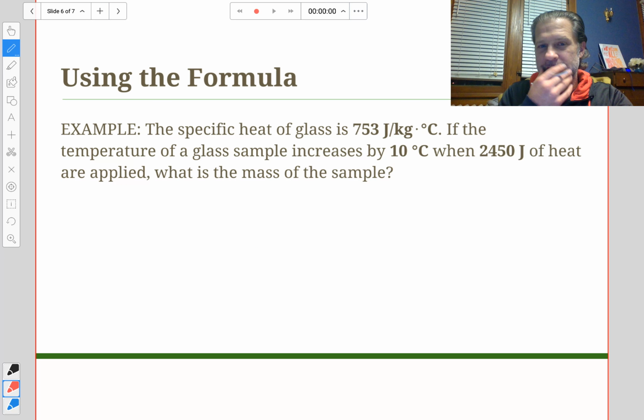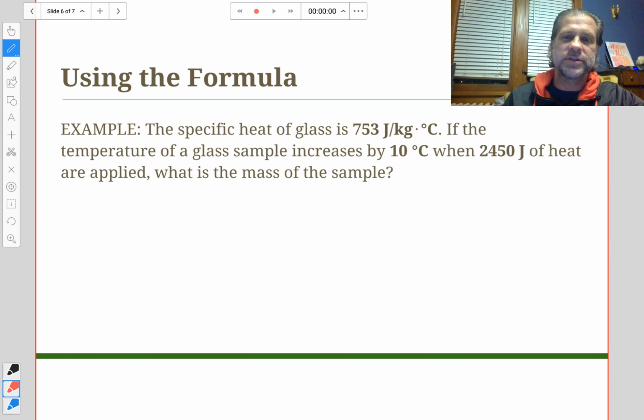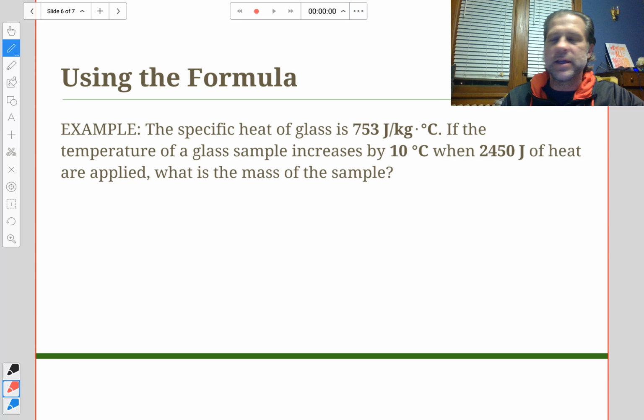So here's the first practice problem. The practice problem says the specific heat of glass is 753 joules per kilogram degrees Celsius. If the temperature of a glass sample increases by 10 degrees Celsius when 2,450 joules of heat are applied, what is the mass of the sample?